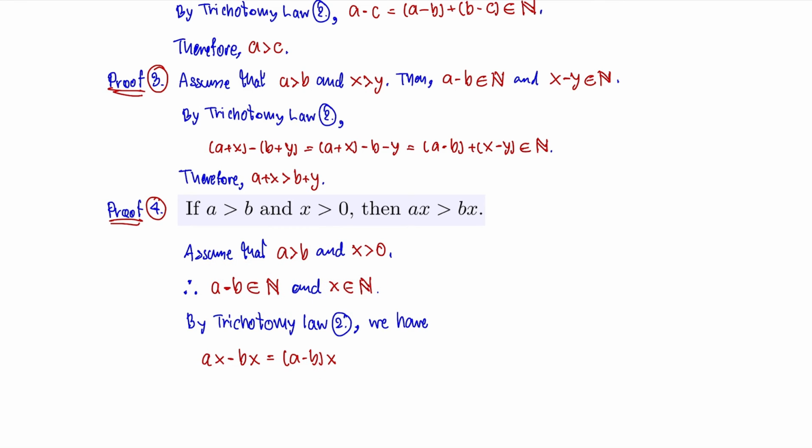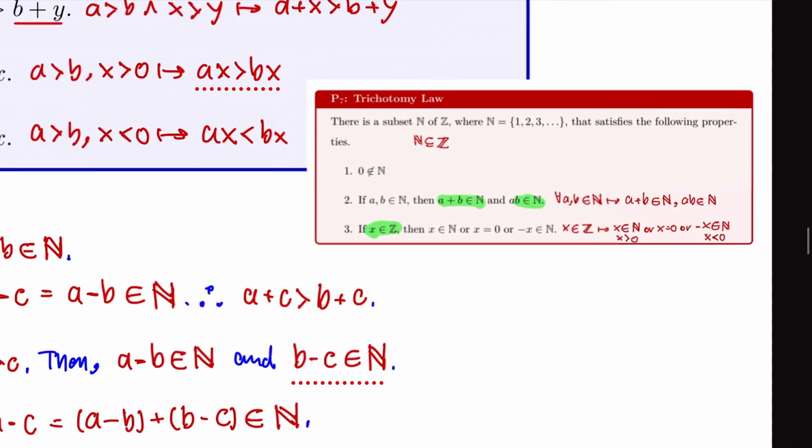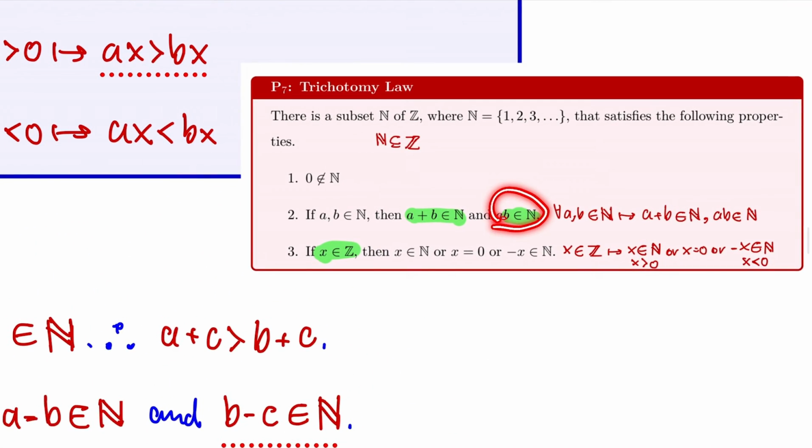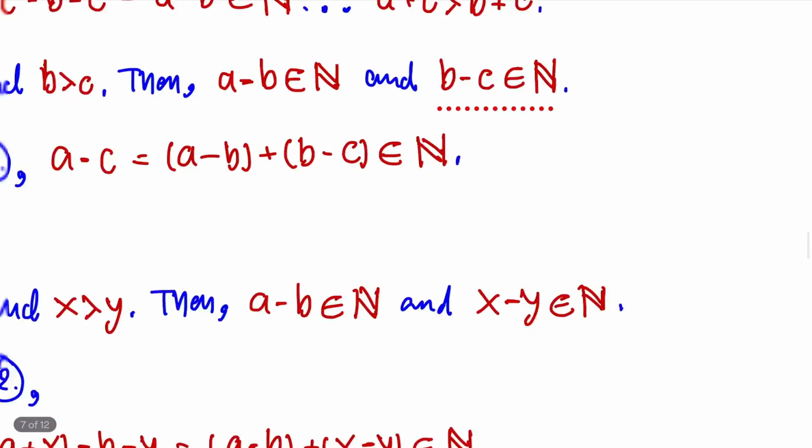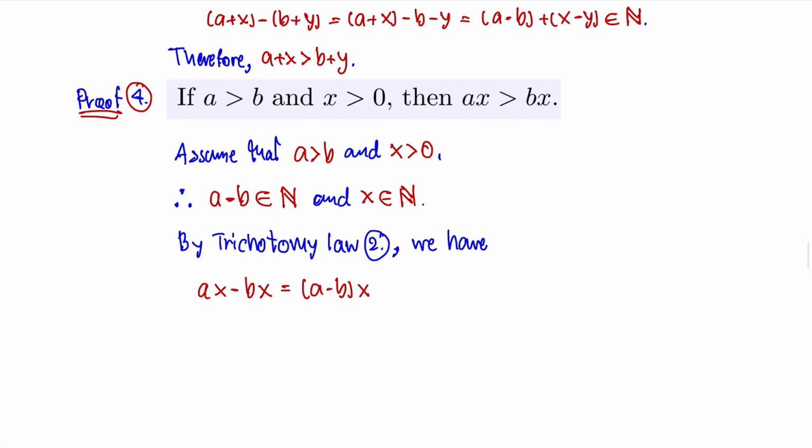So we have the product of these two positive integers, which satisfies the second law of trichotomy law. So it turns out to be in the set of natural numbers. Okay? So therefore ax is greater than bx.